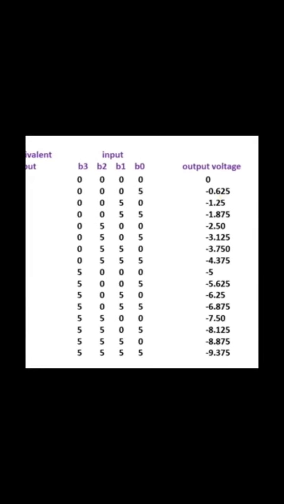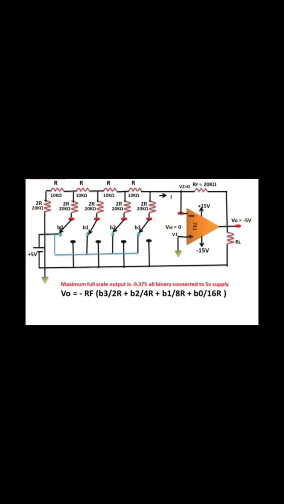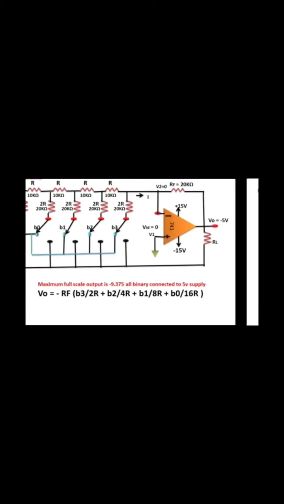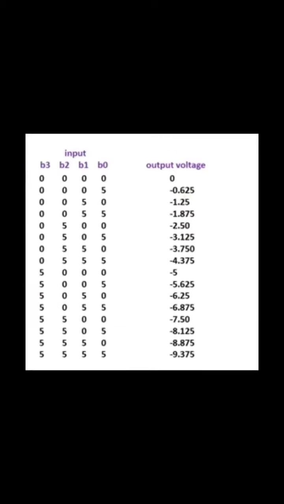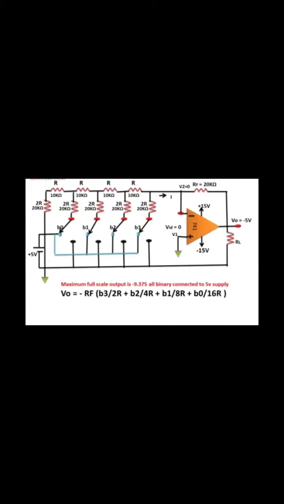The maximum or full scale output of the R to 2R DAC is minus 9.375 and is obtained when all the inputs are high. The output voltage equation can be written as V0 equals minus RF times B3 by 2R plus B2 by 4R plus B1 by 8R plus B0 by 16R, where each of these inputs B3 to B0 may be either high or low.